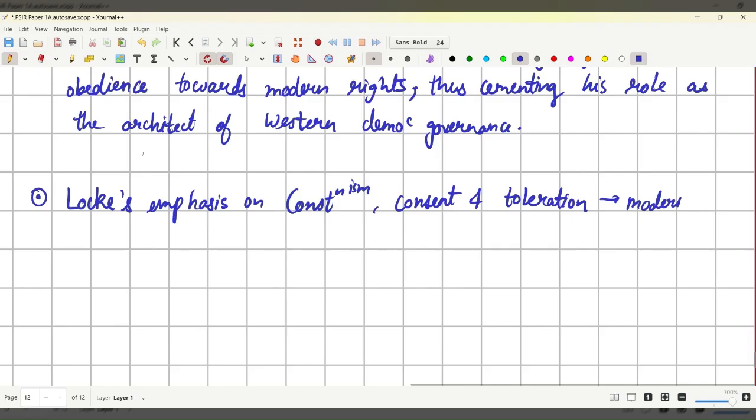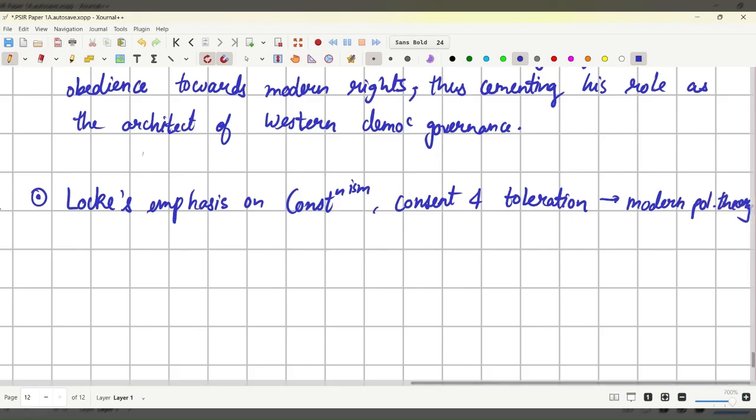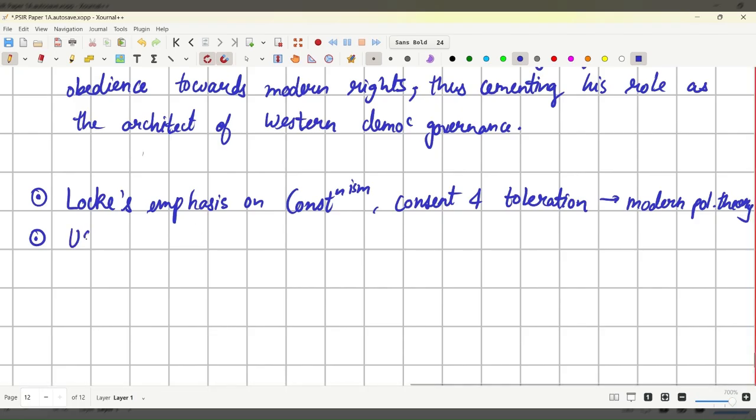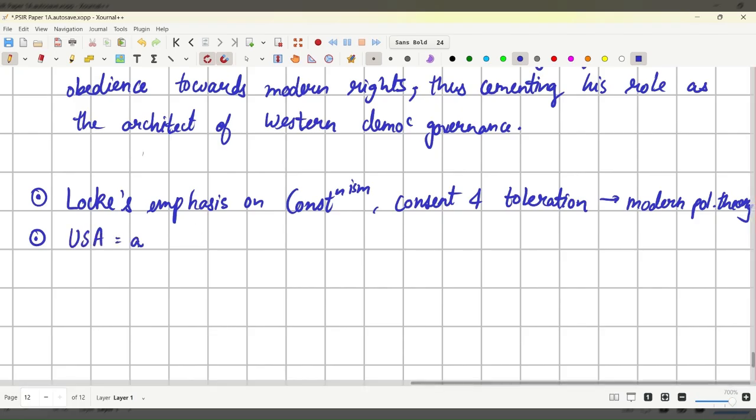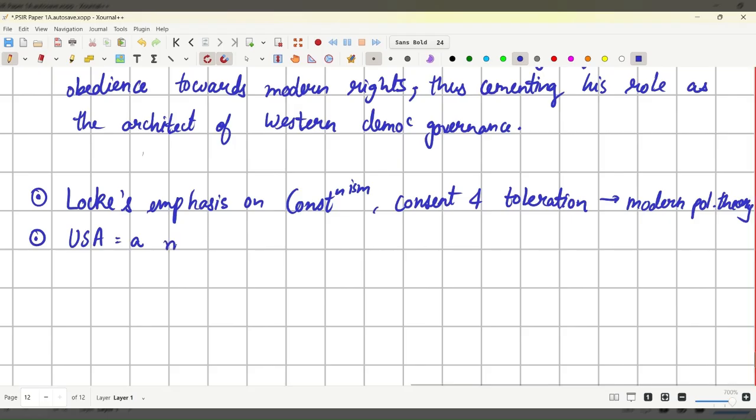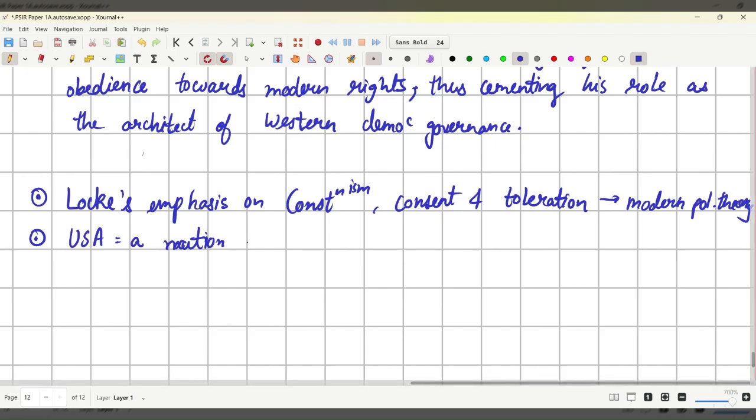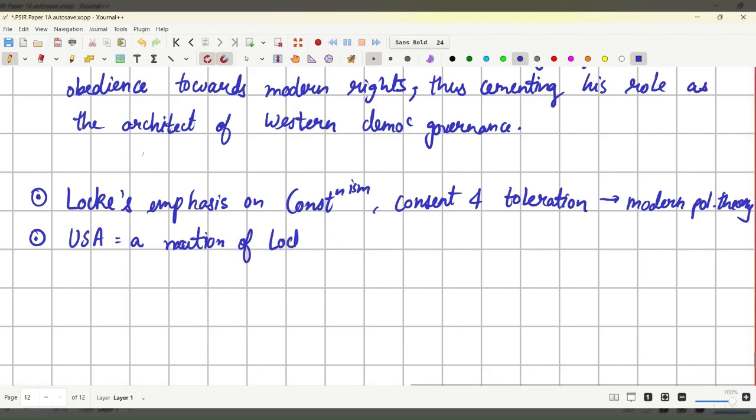Another point you can write is about the USA. The USA is a nation of Lockean individualism.